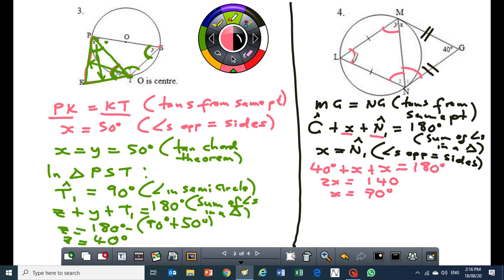So N1 is equal to angle L. And this angle X is caused by the formation of this tangent and that chord. Therefore, angle X is also equal to that angle. So it's much better to get the size of angle L.